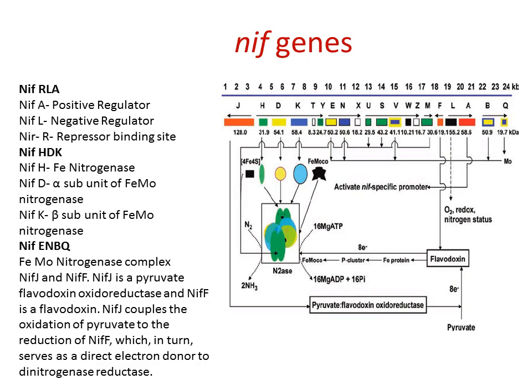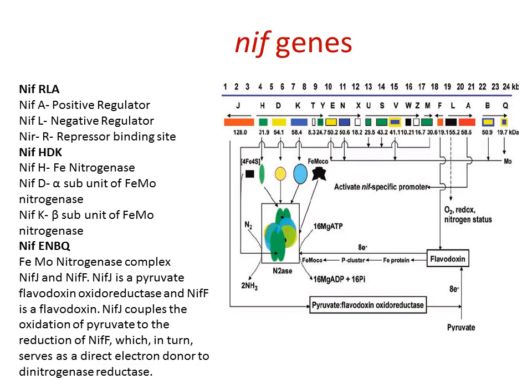Once again I will repeat, there are important genes called NIF A and NIF L, which are the regulator genes involved in switching on and switching off of the NIF operon. The NIF L gene, which is the negative regulator, produces a repressor protein if the condition is not favorable for nitrogen fixation.